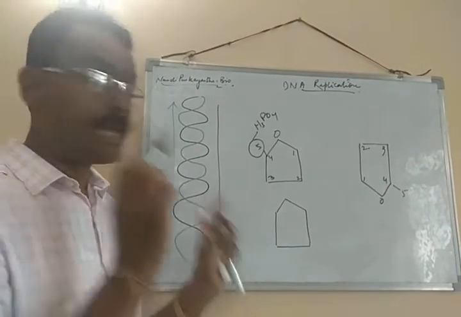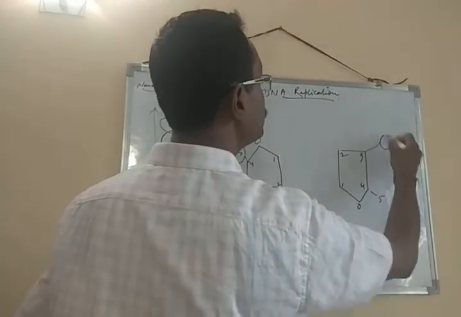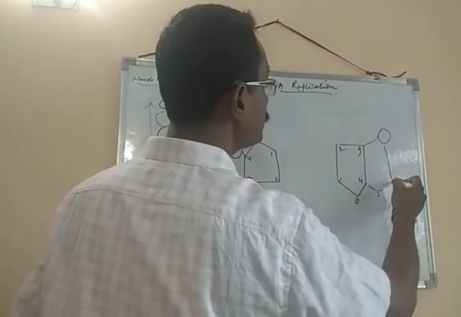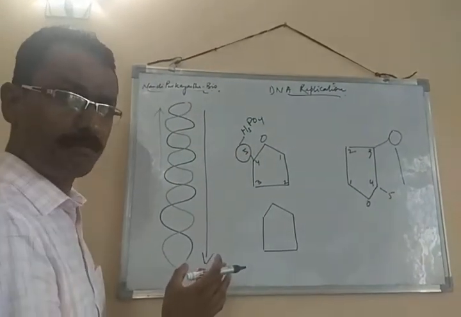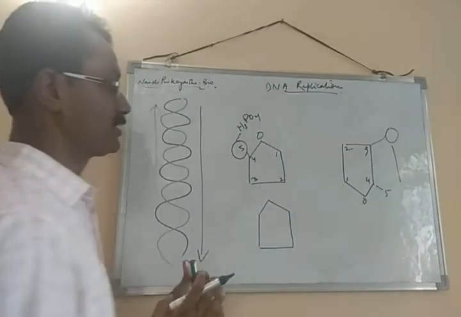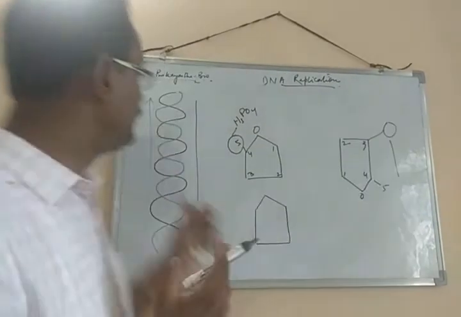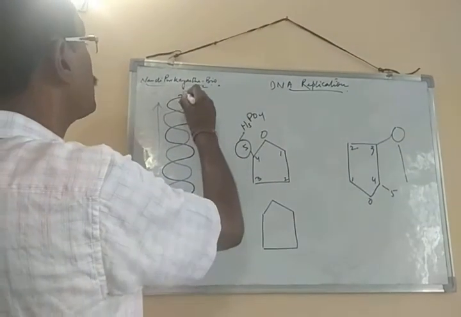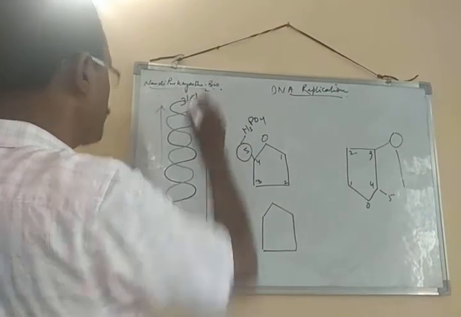Understood? H3PO4 gets bound there, and here in the 3 direction. So here the orientation is 5' to 3' direction. And here it is 3' to 5' direction, and 5' to 3'.